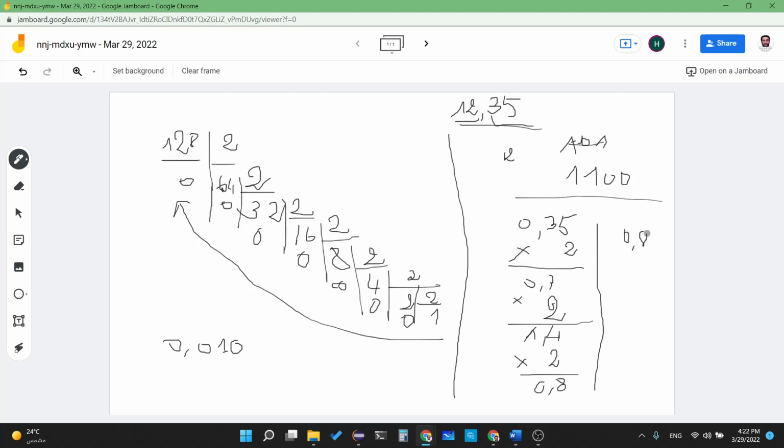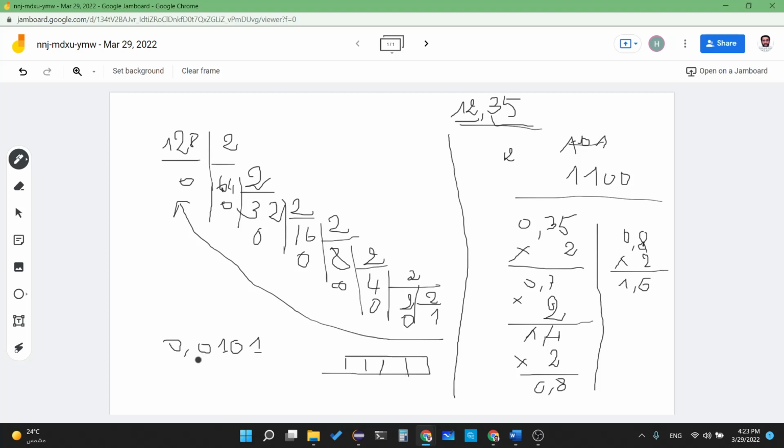We have already encountered this 0.8. This will be infinite, so we have to stop somewhere. So let's say 0.8 multiplied by 2 would give us 1.6. So we report the 1. And let's say our system supports only 4 bits for the fractional part.